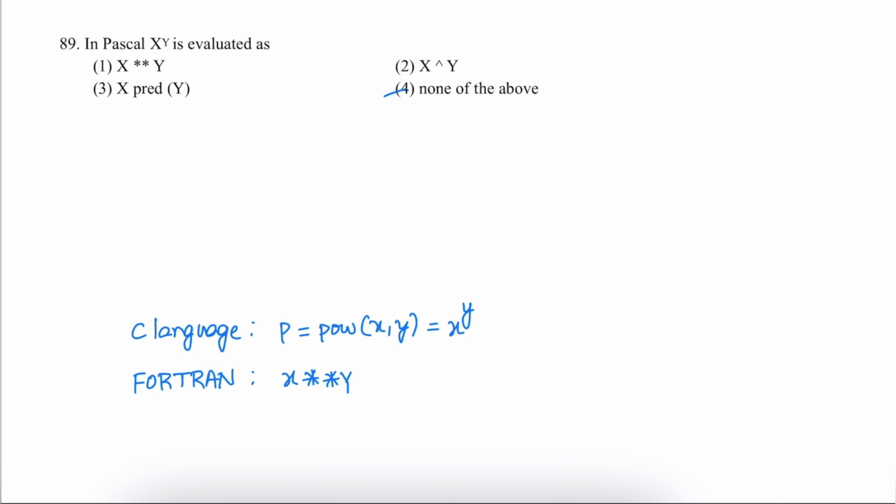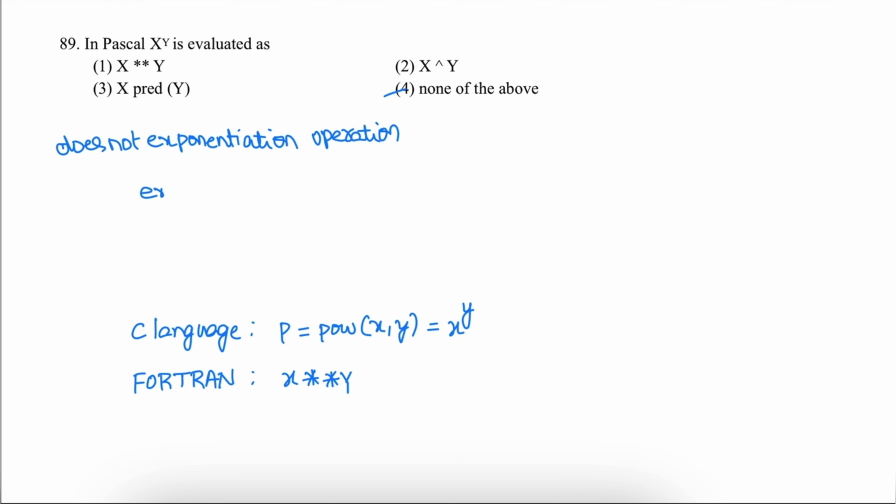Pascal does not provide the exponentiation operation. We cannot perform this x to the power y operation in Pascal. But this operation is evaluated by using exponential and natural logarithm functions simultaneously.